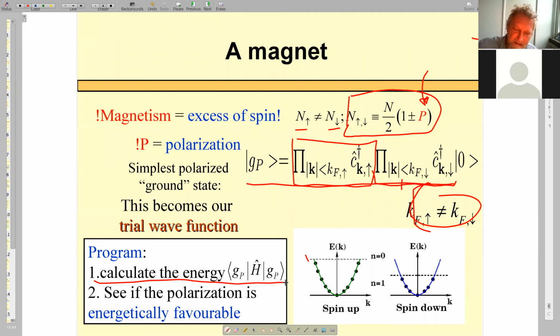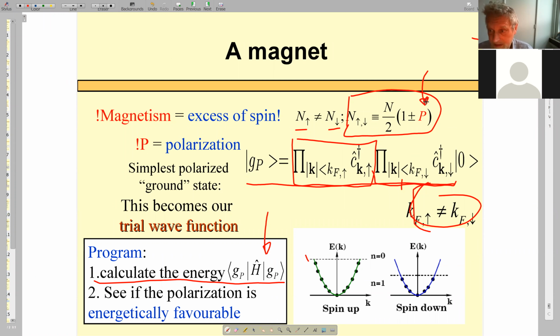So we will minimize the expectation energy we calculate with respect to polarization. And we will see if polarization is energetically favorable or not. And thereby, we can see if the magnetic state is eventually realized.